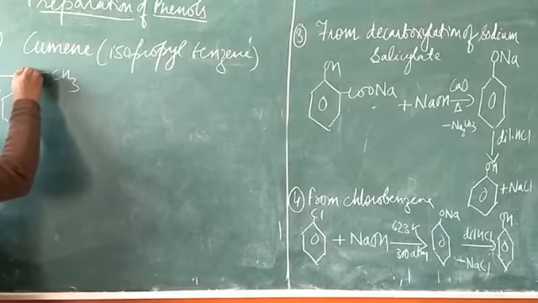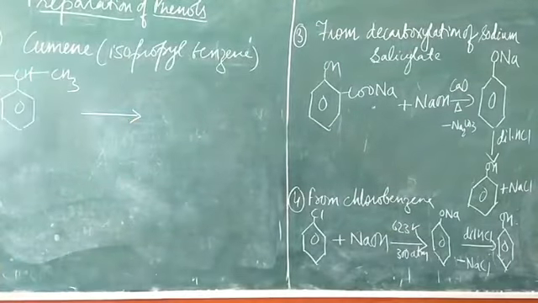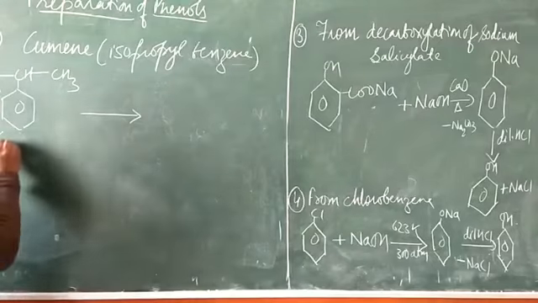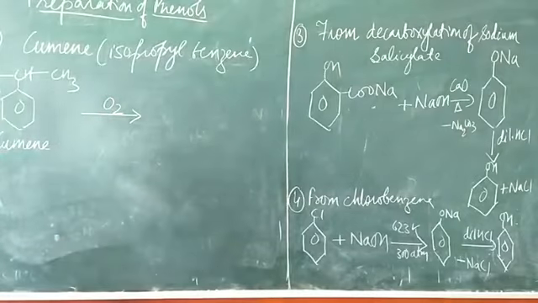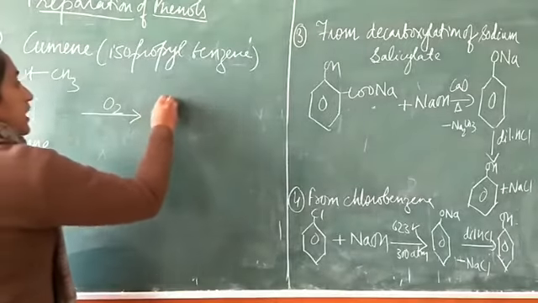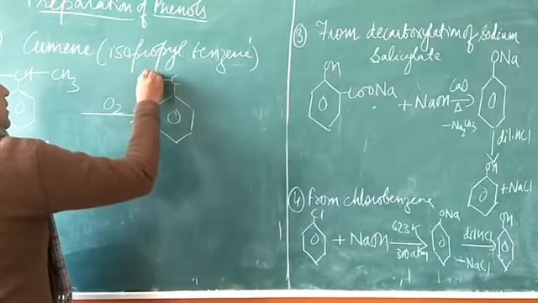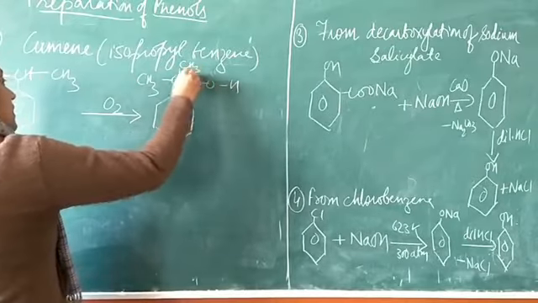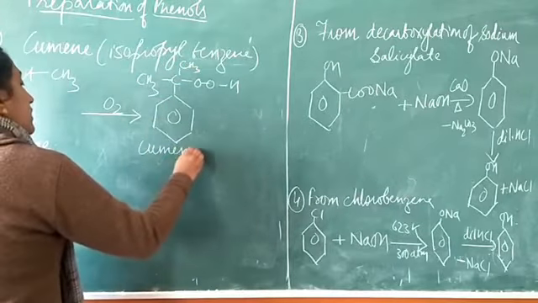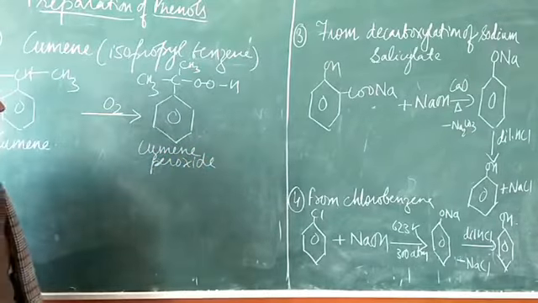Now when the cumene is heated in the blast of air, right, we get cumene hydroperoxide formed. This is there CO and this is CH3 here. This is cumene peroxide which is formed. Right?